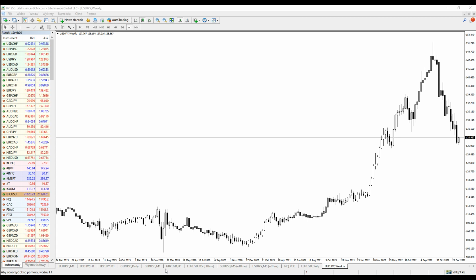So if you see a lower shadow or a big markup down towards the support or demand level, you may want to look for a buying opportunity.